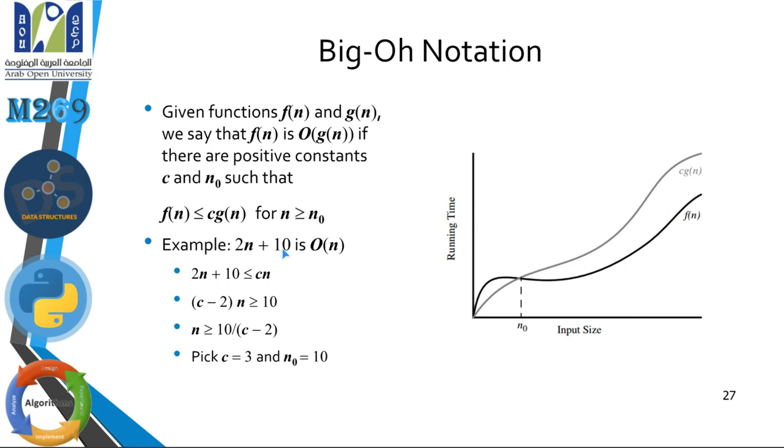These are constants, fixed numbers, and we don't care about them. We just take care of the variable, and the variable here is n. So the whole function is O of n. We don't consider the constants for big O notation. We don't say the function is O of 2n plus 10.